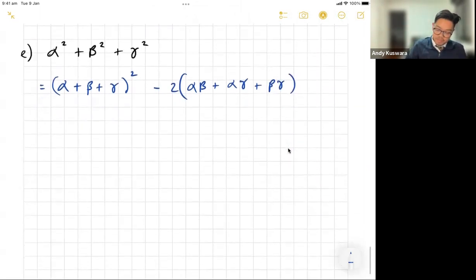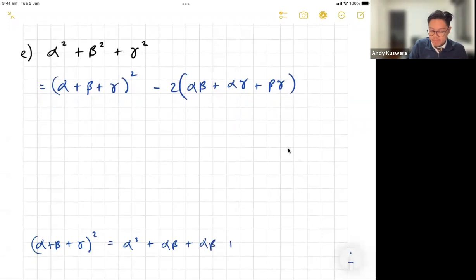Because if you were to expand that whole thing out, if I had alpha plus beta plus gamma squared, it's going to become alpha squared plus alpha beta plus alpha gamma plus alpha beta plus beta squared, and so on and so forth.